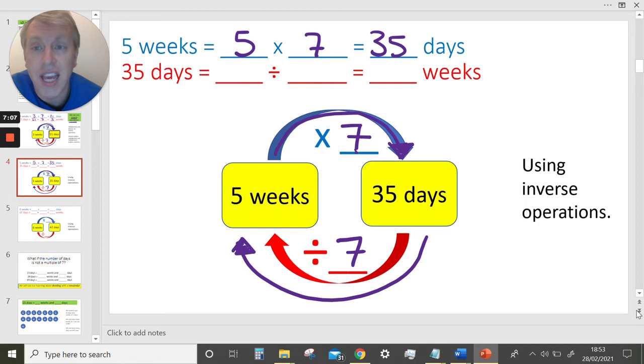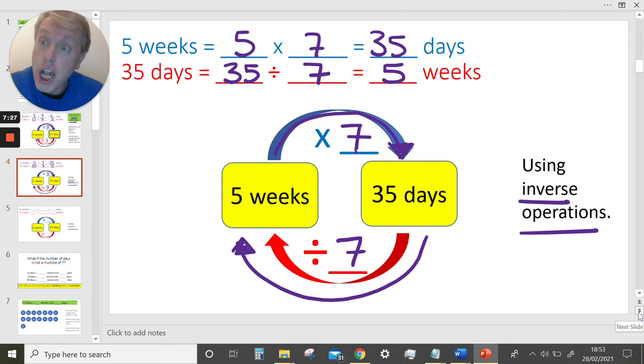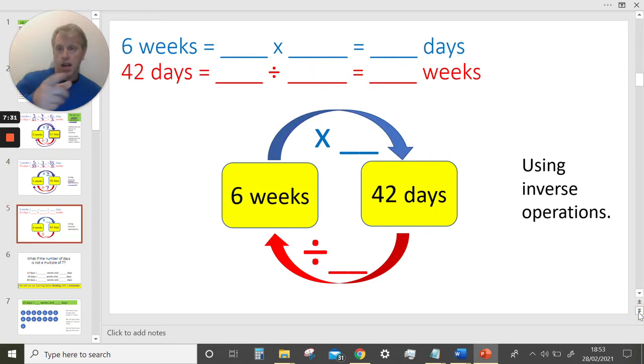So it's the inverse of multiplication. 35 divided by 7. How many 7s in 35? 5 weeks. Using the inverse operations. The operation undoes or does the opposite. Okay, have a go at this one. Pause the video. You have a go.